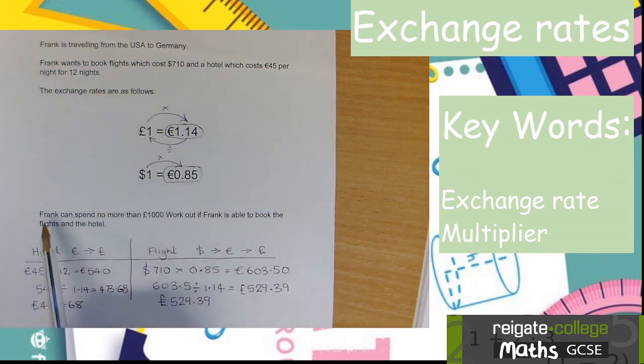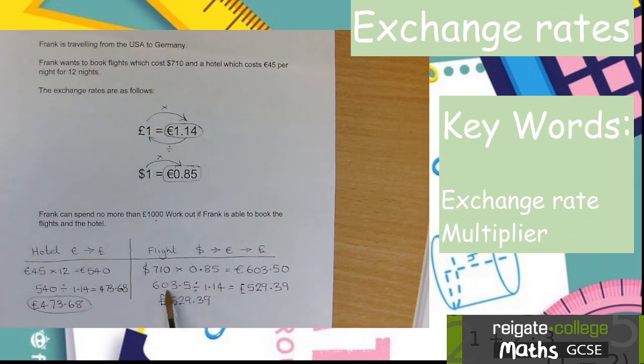Now the final part of the question is saying that Frank can spend no more than £1,000. So I need to add both his hotel cost and his flight cost to see exactly how much that would have cost him.